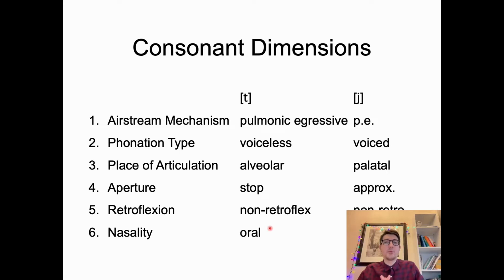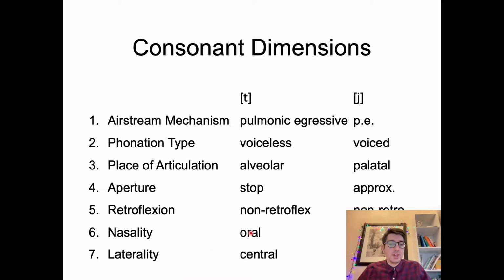Nasality speaks about whether the airflow is moving through the nose or not. Most of the sounds in English are oral sounds, meaning that the airflow is not moving through the nose. For n, m, and engma in English, the air is moving through the nose by lowering the velum and allowing it to pass through the nose.